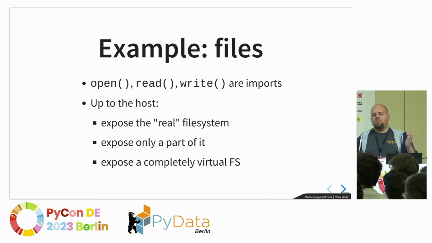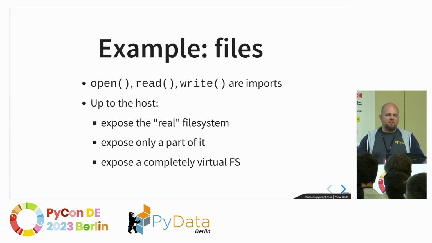So one possible implementation is to just forward it to the operating system and let the WebAssembly module see the real file system. So if I open /etc/passwd, then I can get it. But another option is that the host can fake a completely virtual file system. I intercept the open system call, and I say, yes, the file contains these bytes.